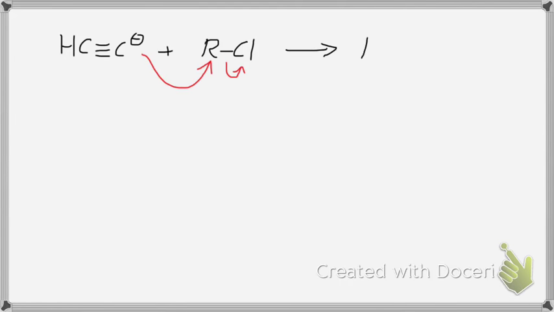Now I just want to quickly review the use of acetylide. Acetylide is a carbanion, so it can be a nucleophile in different reactions. If we react acetylide with an alkyl halide, an SN2 reaction will take place. So an alkyl group will be attached to the triple bond. This is the alkylation reaction to make alkynes that we talked about in chapter 7.